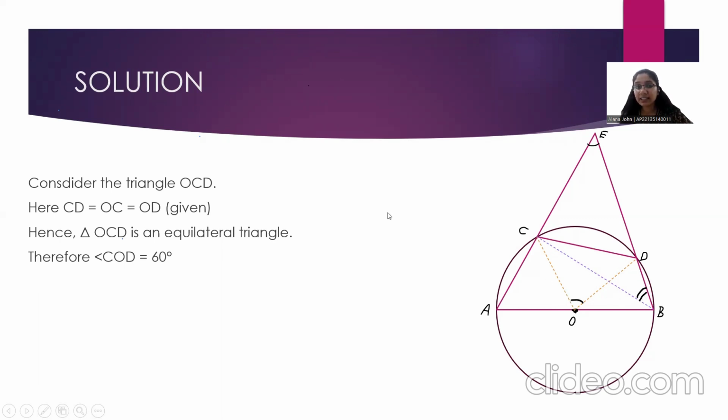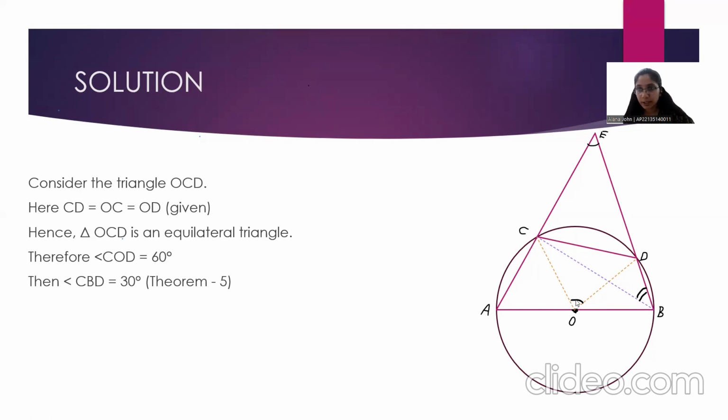Which theorem is that? Theorem 5 says that the angle subtended at the center by a chord is double the angle subtended by the chord at any point on the circle. So this angle formed at B, angle CBD, will be exactly half of this angle. Therefore, angle CBD is 60 degrees by 2, which is nothing but 30 degrees. Clear? Okay.